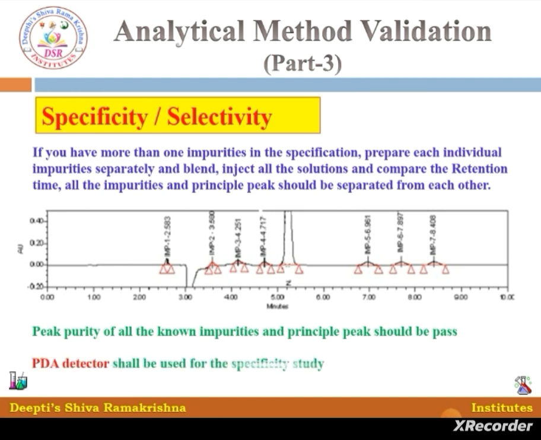To prove the peak purity, we need to analyze the sample in a PDA detector instrument only. Without a PDA detector we cannot prove the specificity and peak purity of all impurities. Hence, if you want to do validation of the specificity parameter, you should analyze the sample with an instrument that contains a PDA detector.